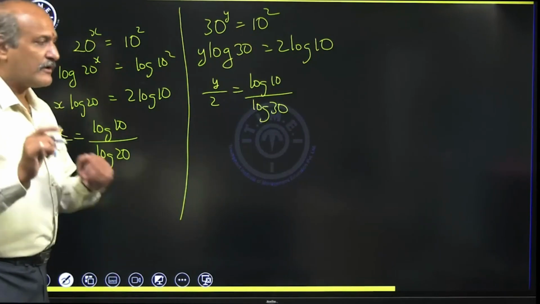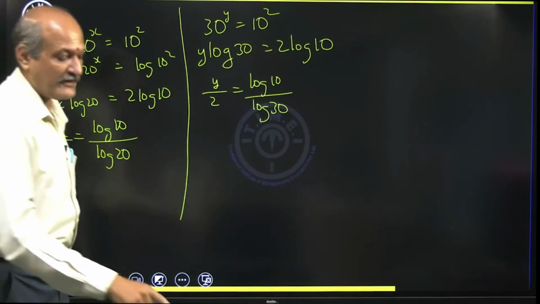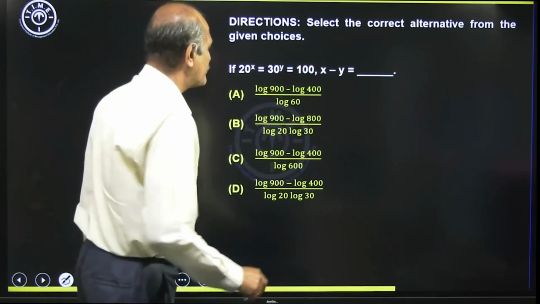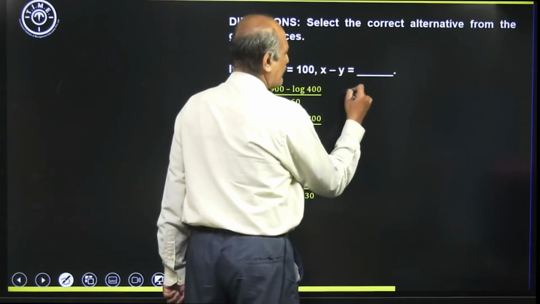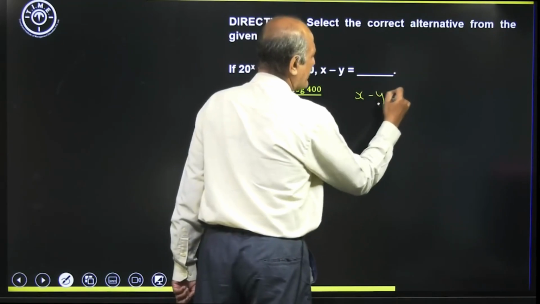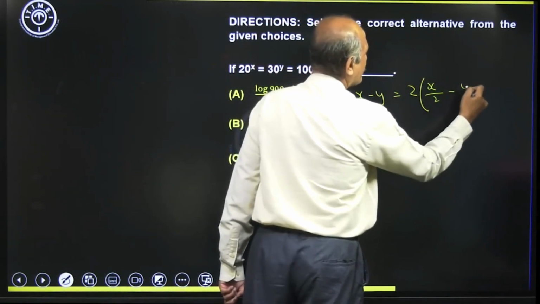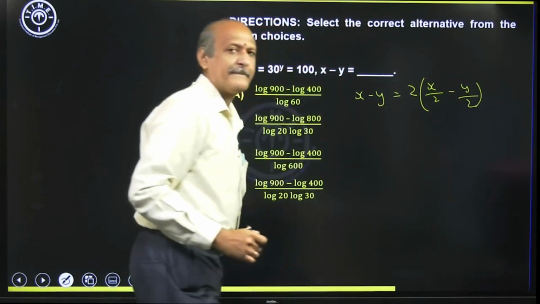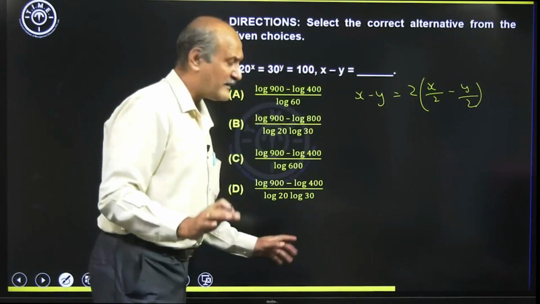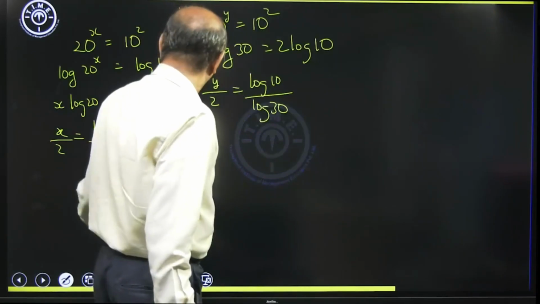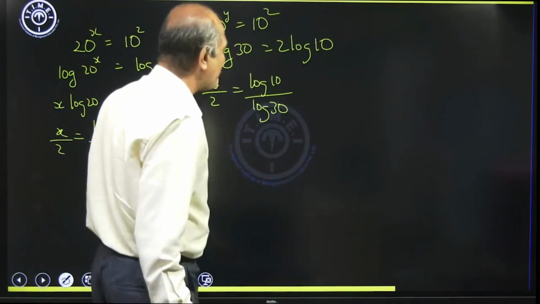What are we asked to find? We are asked to find the value of x minus y here. Please observe: can I write x minus y as 2 times of x by 2 minus y by 2? The x by 2 value we have got as log 10 by log 20.